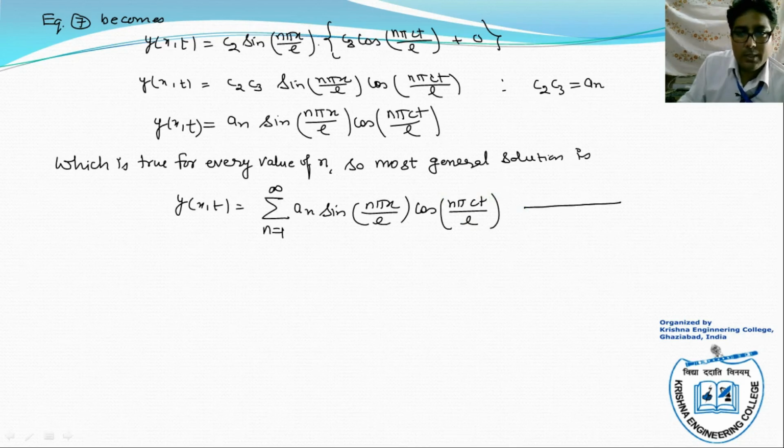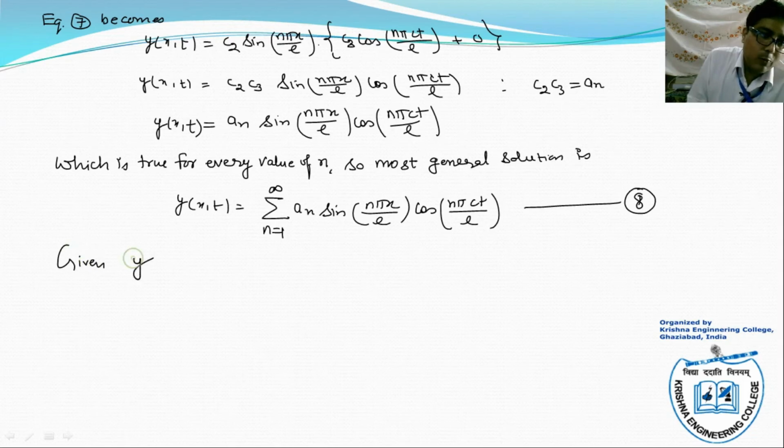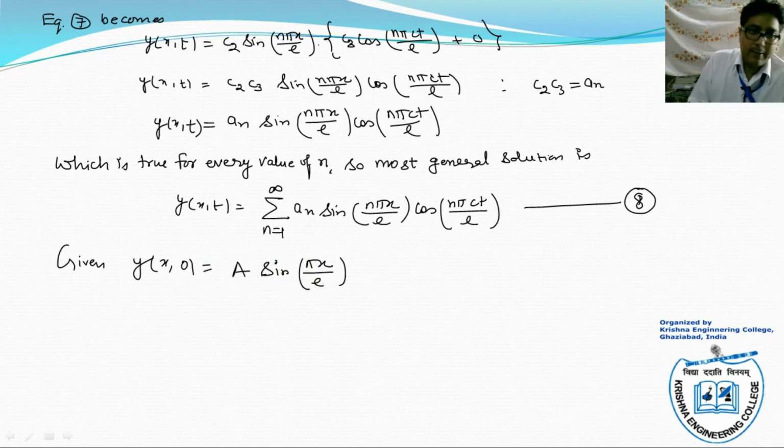This is equation number 8. Now at last we use the non-zero initial condition, which is given as y x comma 0 is equal to a sin pi x by L. Clear? This is the condition.